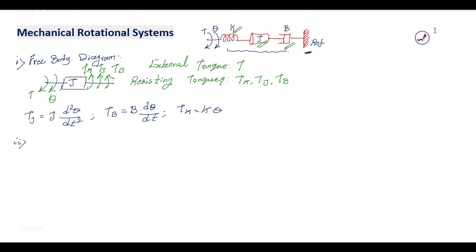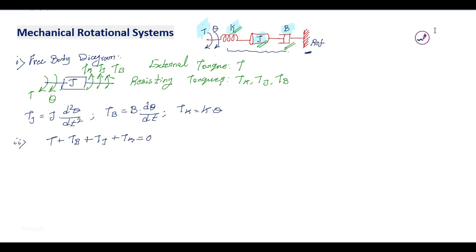Next, we have seen in the previous lecture that according to D'Alembert's principle, the algebraic sum of all the forces acting on a body is equivalent to 0. So the algebraic sum of all torques acting on the rotational system, that is the external torque T plus the resisting torques by the damper element, mass element and spring element, is equivalent to 0.